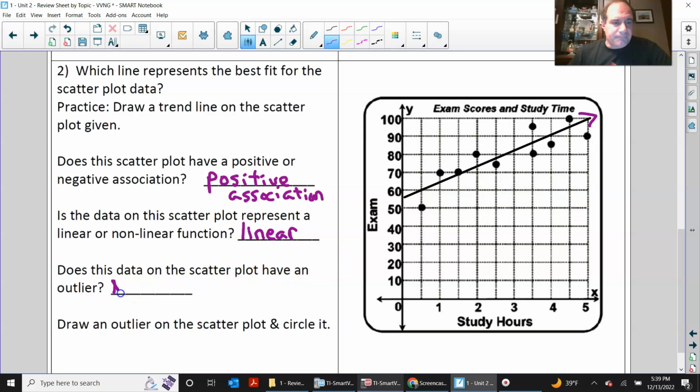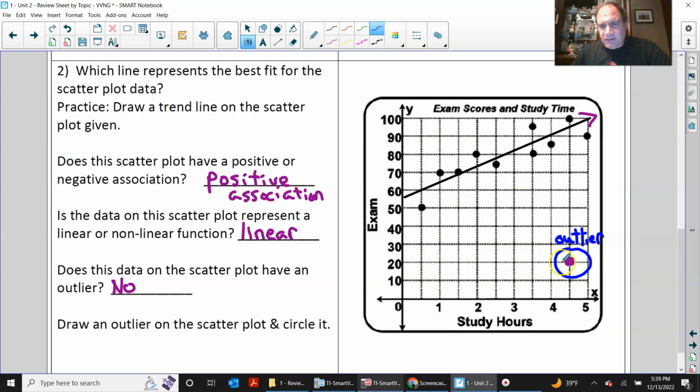No. Draw an outlier. I'm going to draw my outlier right here and circle it. There's a question that we usually ask: what exam score does that outlier represent?